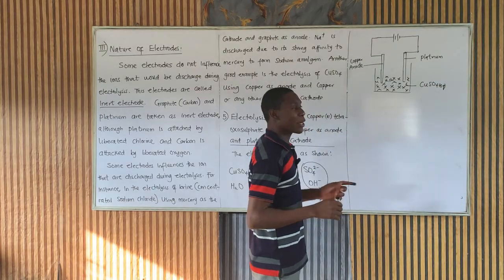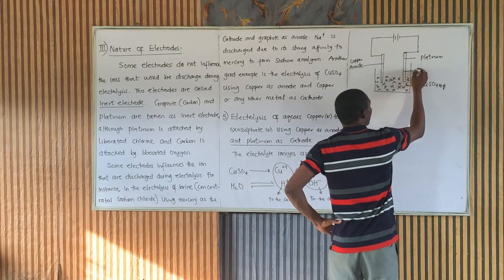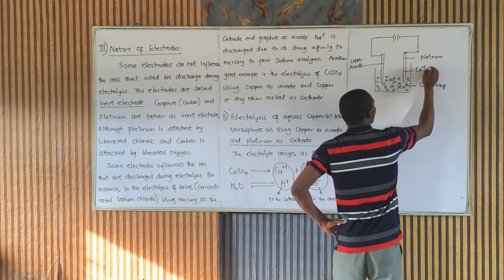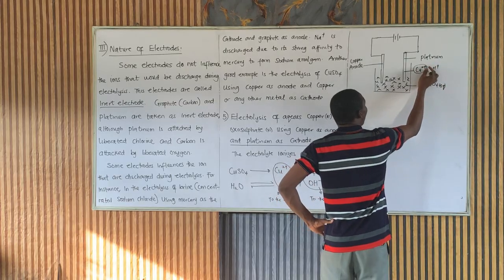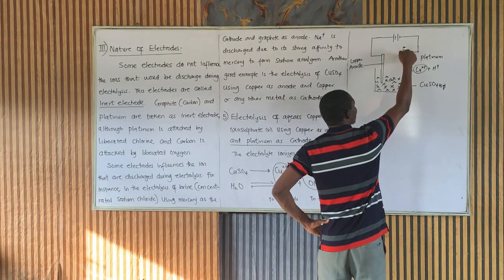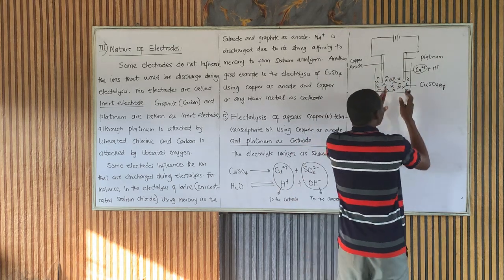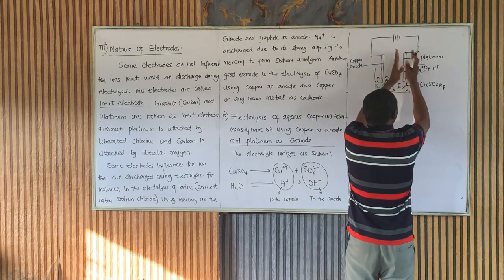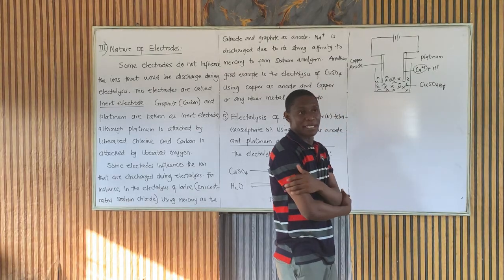And so what quickly happens here is that two ions migrate here. We have Cu2+ and hydrogen. And so copper quickly accepts 2 electrons here and is deposited here. You will notice that the body of this platinum gathers copper on it, and that's because copper is simply being discharged.